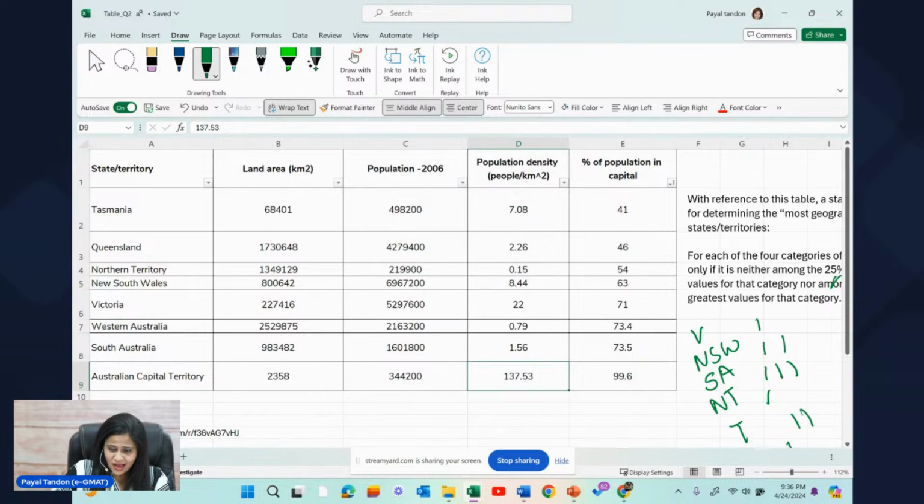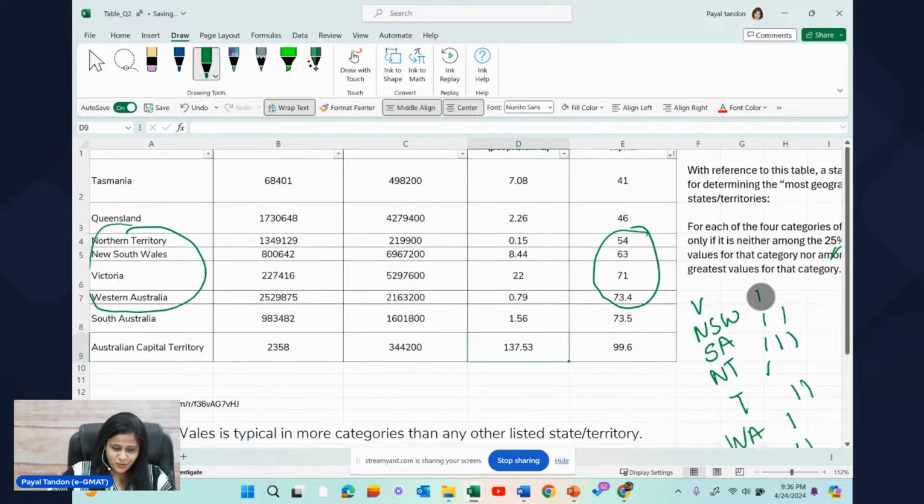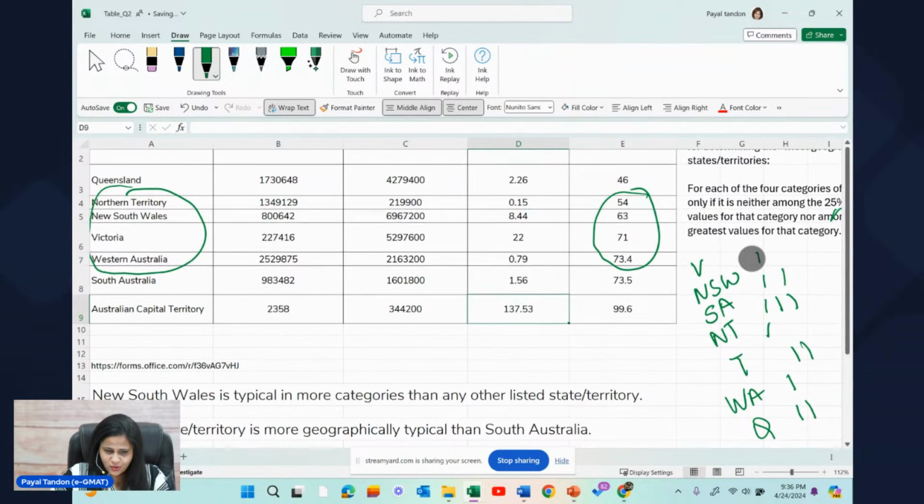They are not as neat as I would want them to be, but that's okay. If you are in a time crunch, that's absolutely fine. Your notes need to make sense to you. Okay, that's the most important thing. Northern Territory, so this is a new one. No, this is not the new one, I already had that. New South Wales, I have it here. Victoria, I have it here. Western Australia, I have it here, and I am done.